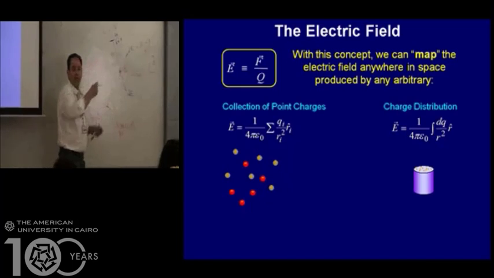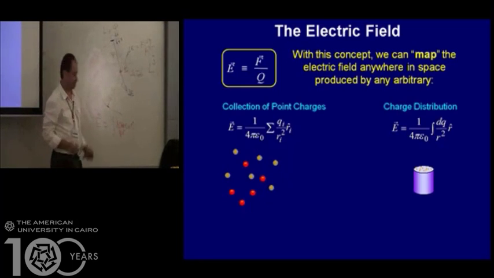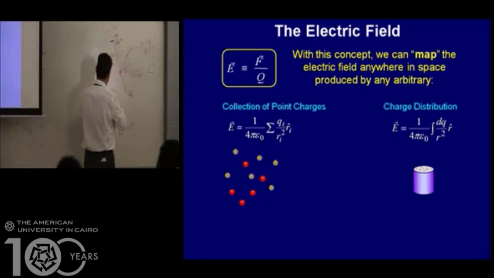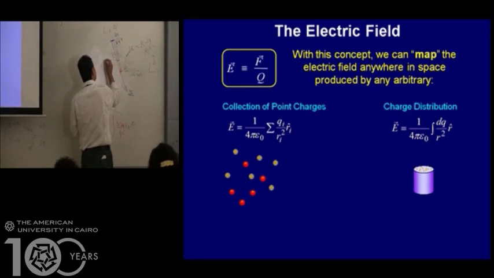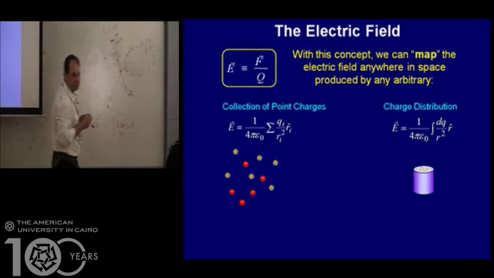It's the arc length. Look at this. That small angle here, I'm going to call it d theta. What is the arc length?